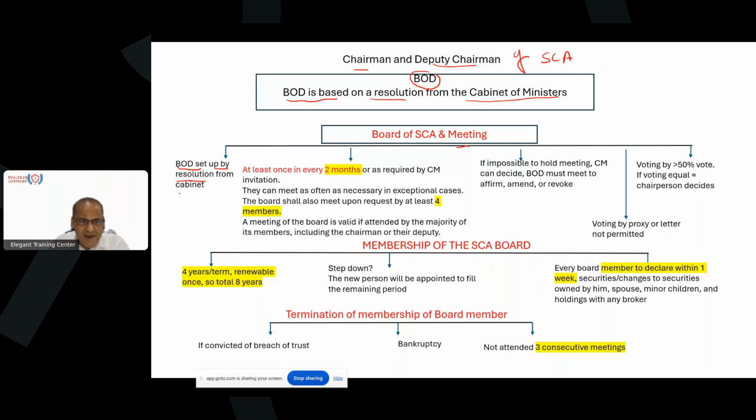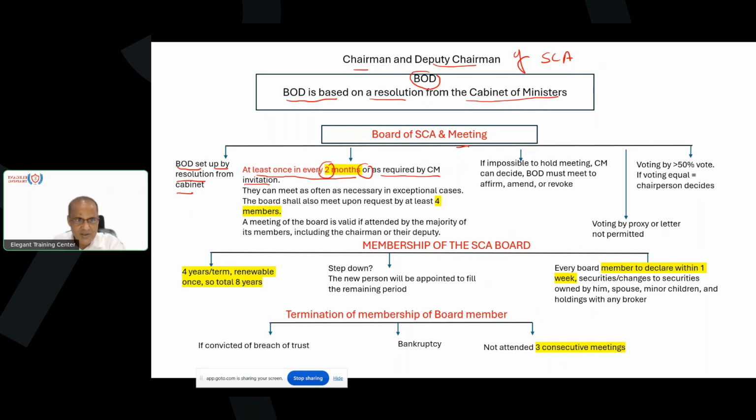The board must meet at least once in 2 months or as required by the chairman by invitation. So meeting should be at least once in 2 months. Clear? And again, if the chairman wants, the chairman also can invite the board of directors: let us have a meeting.